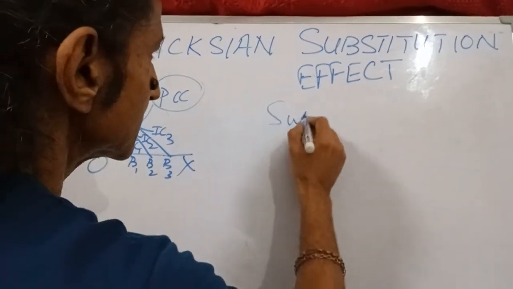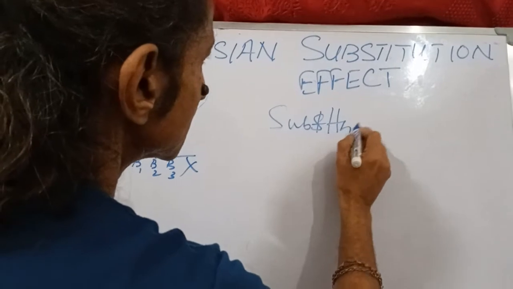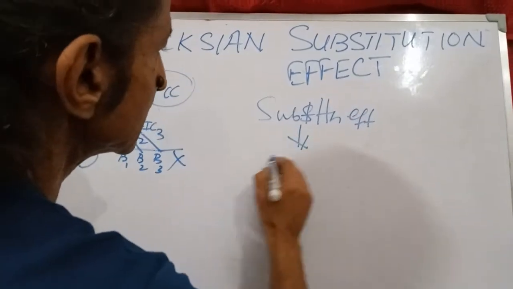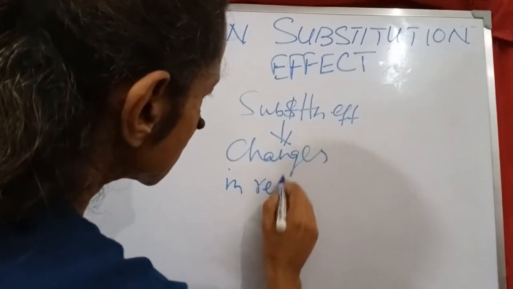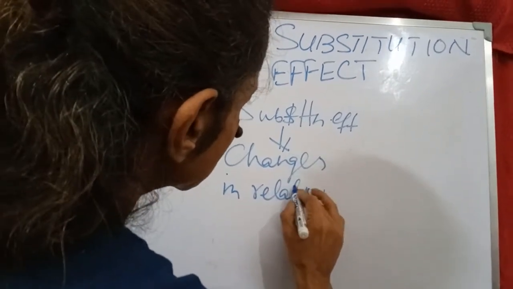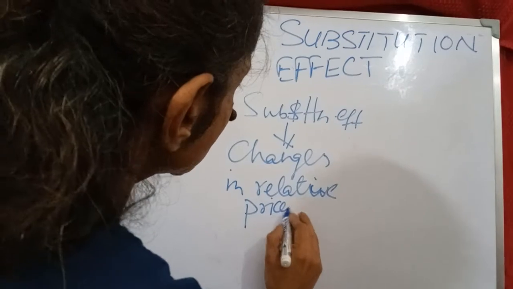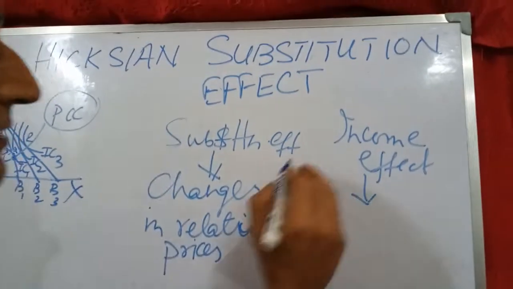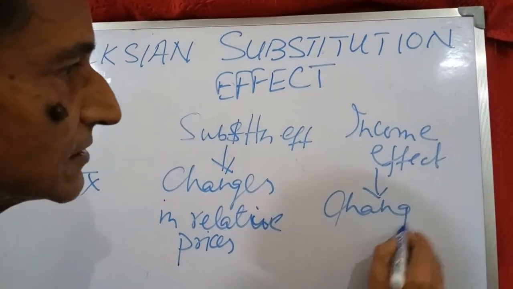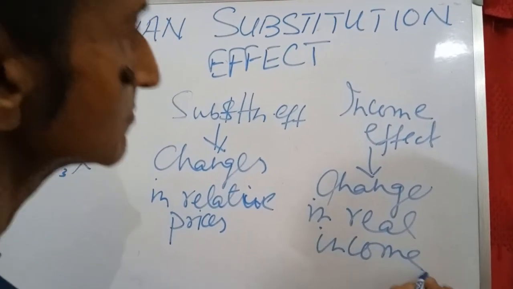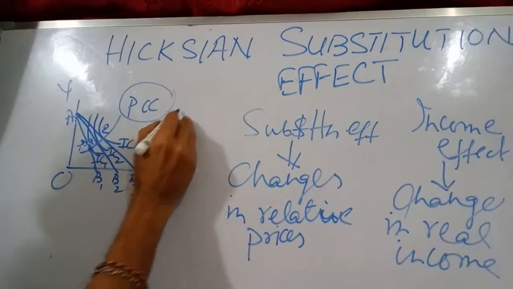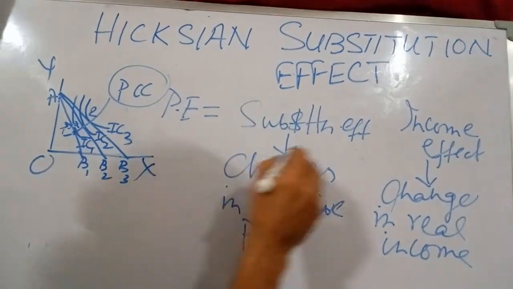So substitution effect originates from changes in relative prices, and income effect takes place due to change in real income. And price effect is sum of these two.